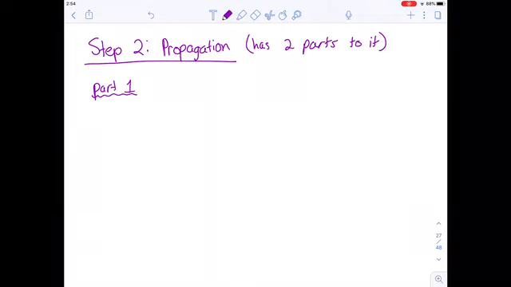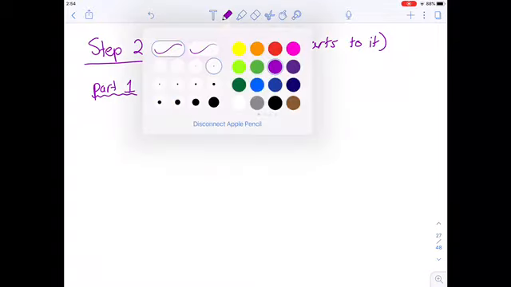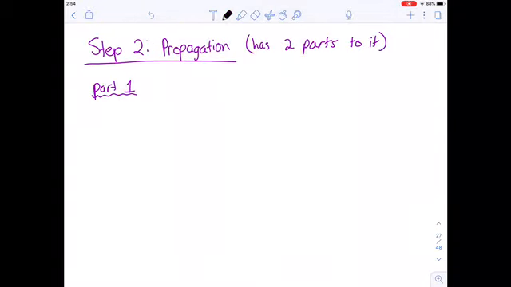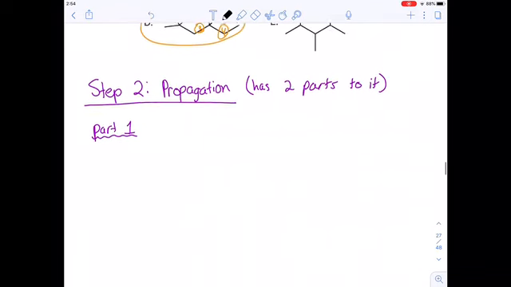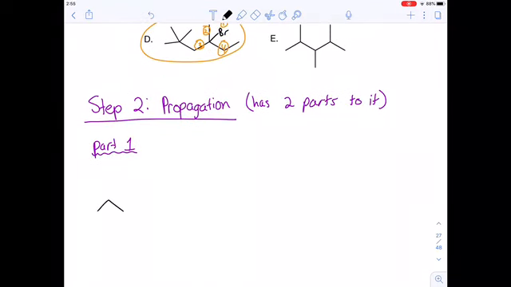Okay, so part 1 is going to be the Br radical interacting with the tertiary hydrogen of choice in our question's case. It could also be a secondary hydrogen or a primary. Those are just less favorable, but they do happen.